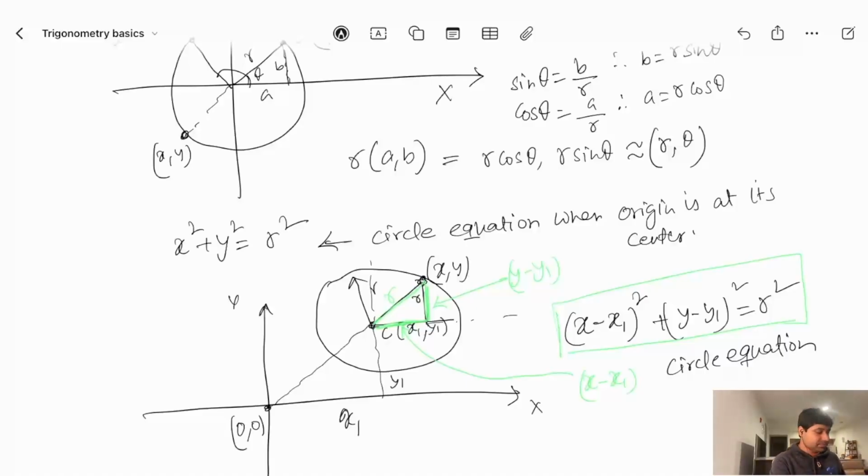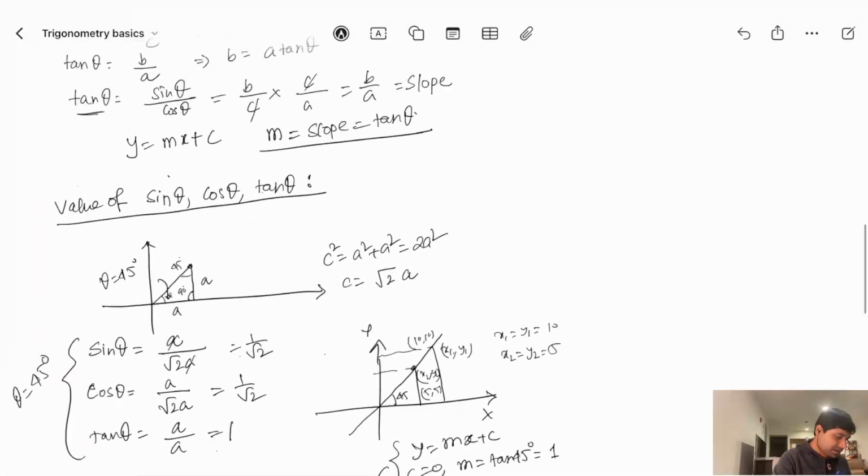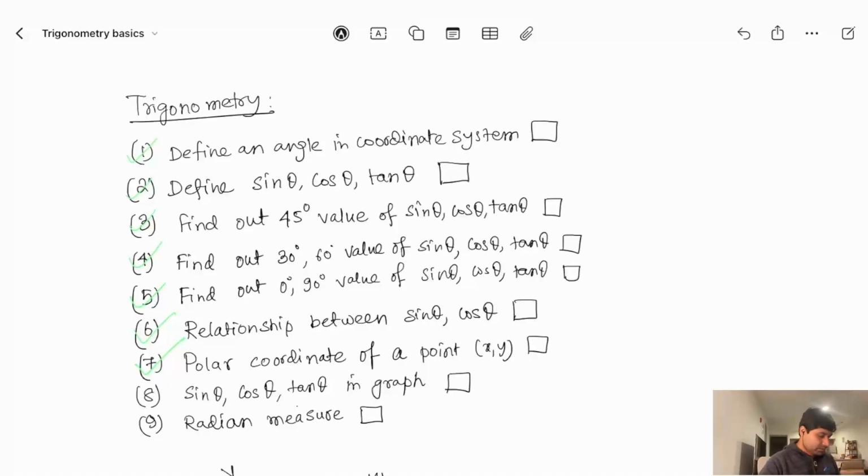Okay, so that's great. I think we learned how we can represent a polar coordinate to represent a particular point (x, y). We will be discussing how we can put sine, cos and tan values in a graph.